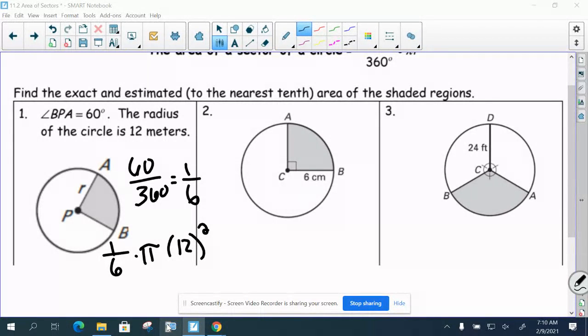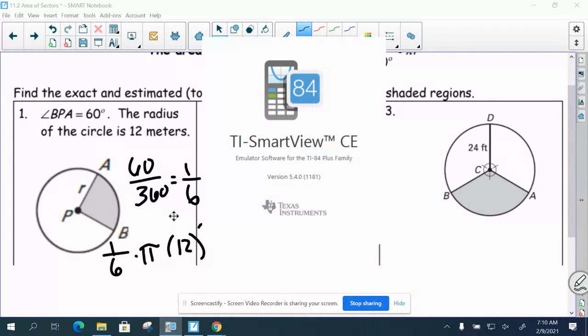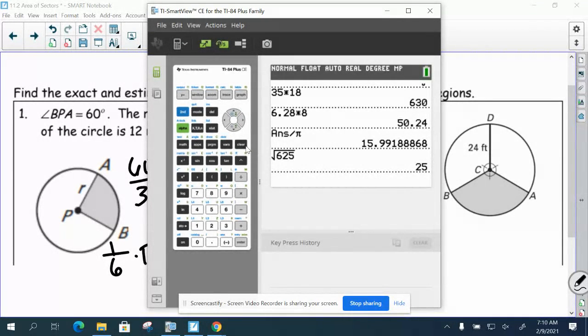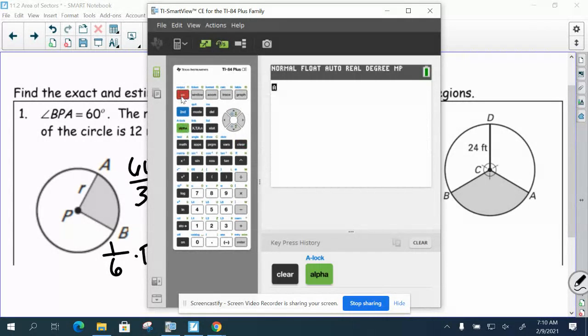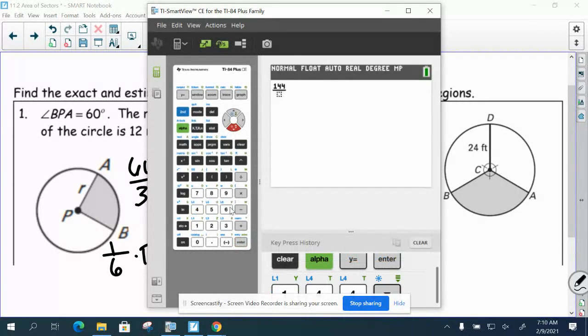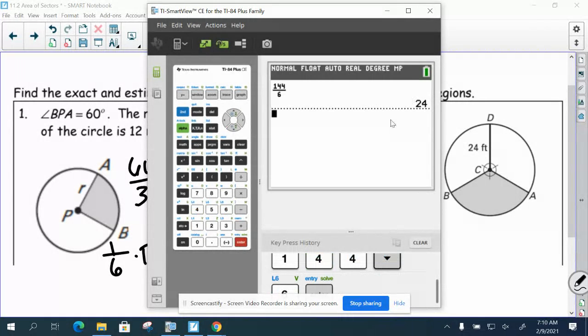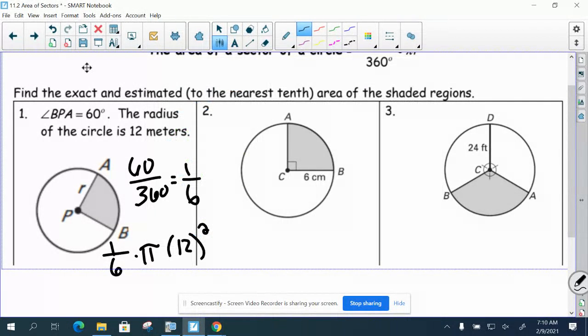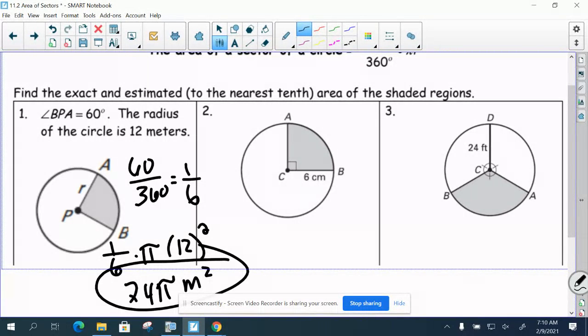So if I take 144 and divide it by 6, that simplifies to 24. Okay, so the answer then would be 24 pi, and then meters squared, because we're working with area.